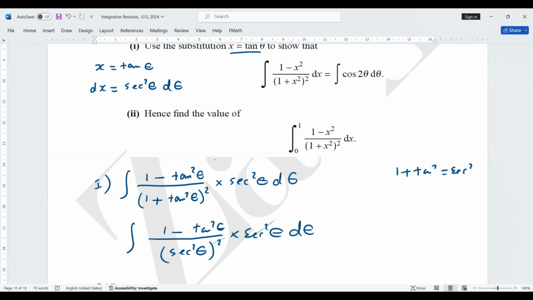How can we continue this? Here sec squared cancels with sec squared, so we just have sec squared down in the denominator.